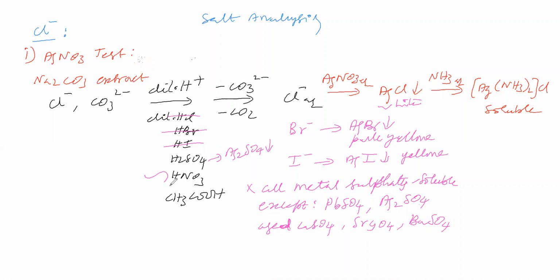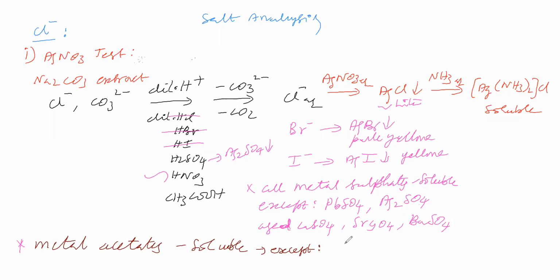Okay. Next, acetic acid. Can we add dilute acetic acid? That point we'll see. Now, regarding acetic acid, all the metal acetates are soluble in water. Here the exception is what?